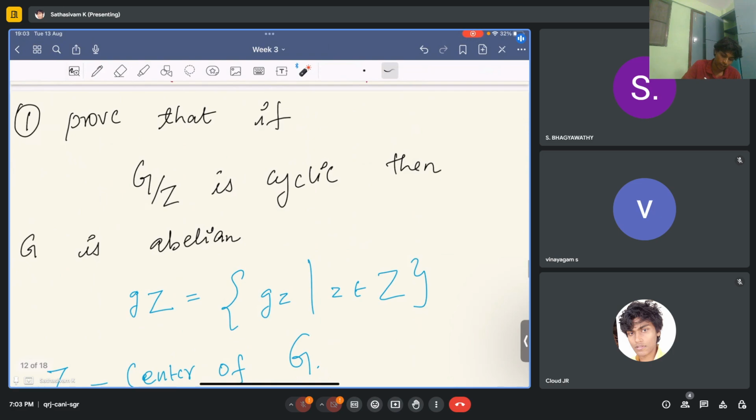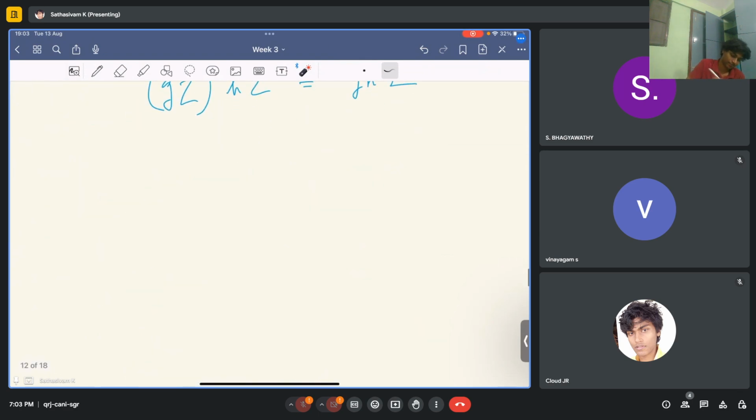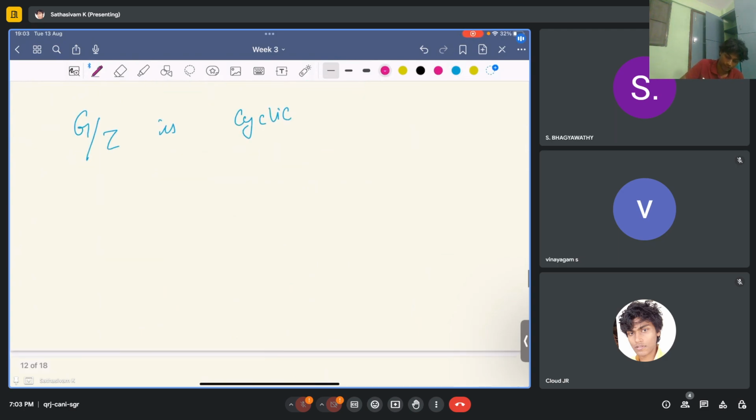The question says if G by Z is cyclic, then G is abelian. So let's prove it. Let's say G by Z is cyclic. Let's see what happens here. I have G and I have a homomorphism G to G by Z. What is the homomorphism? You take g to gZ.